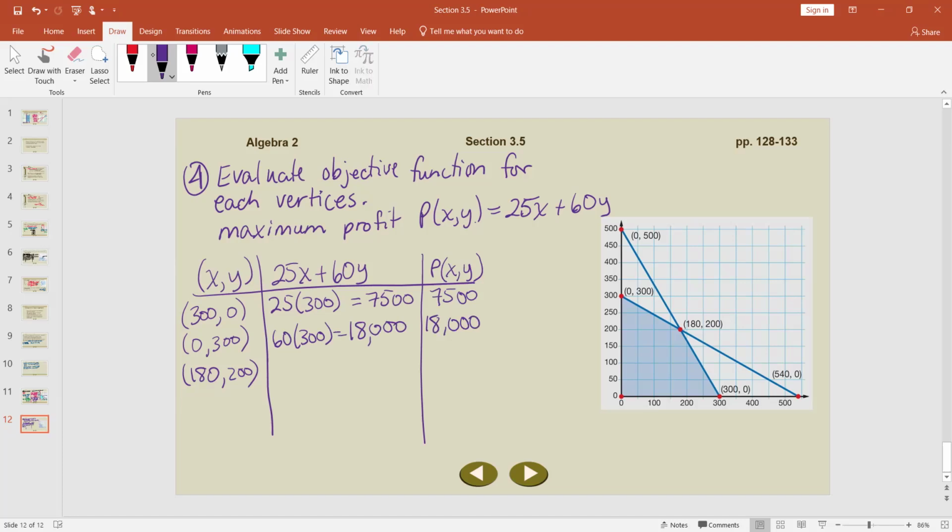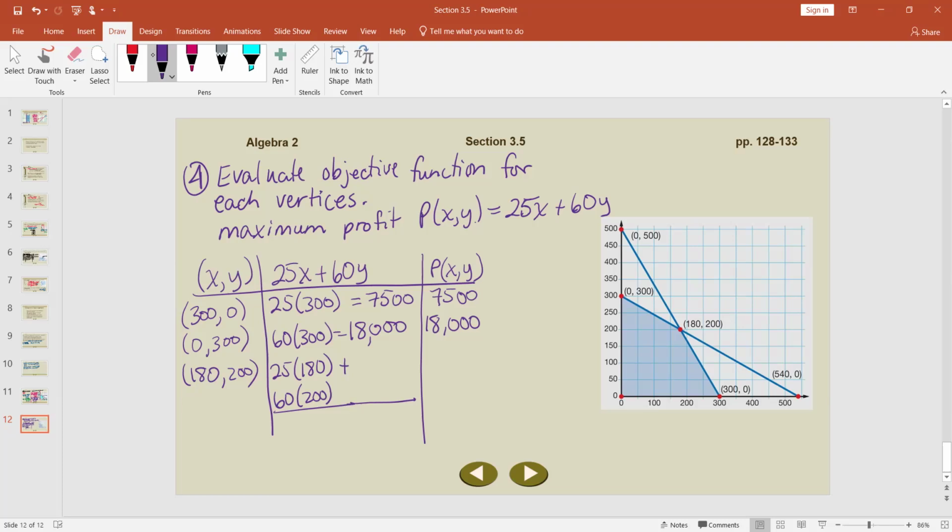And then for the last one, we have 25 times 180 plus 60 times 200. Let's see, 25 times 10 is 250, and, let's just use the calculator.